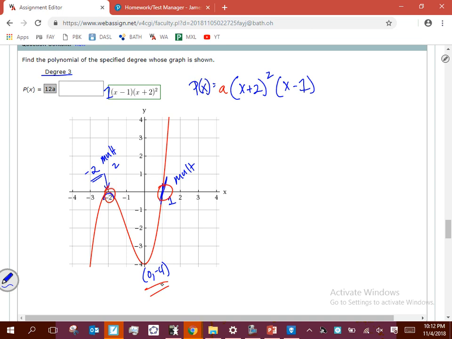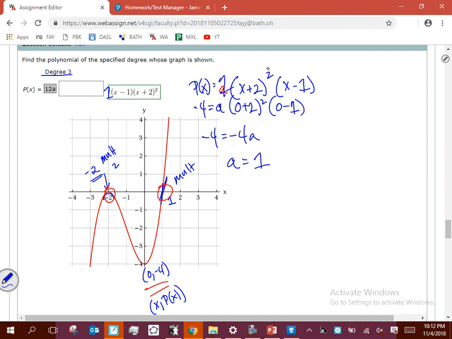So the p of x, remember this is an x value, and negative 4 is a p of x value. So I'm going to plug 0 in here. There's a, so that gives me 0 plus 2 squared, 0 minus 1. Excuse me, that's negative 4. This is going to be negative 4a. So then when I divide, a does end up being 1, so I can put that there.